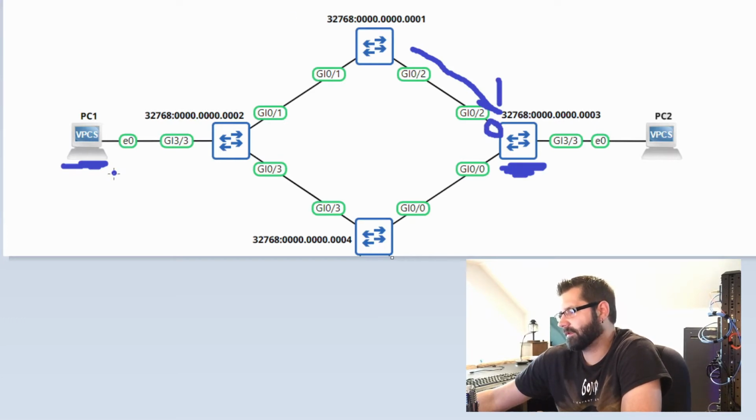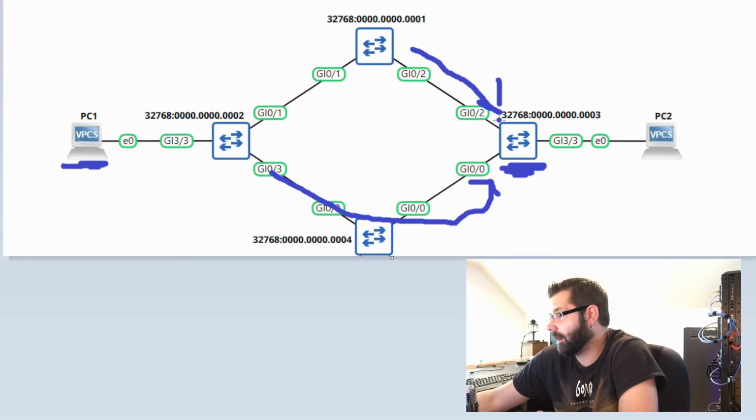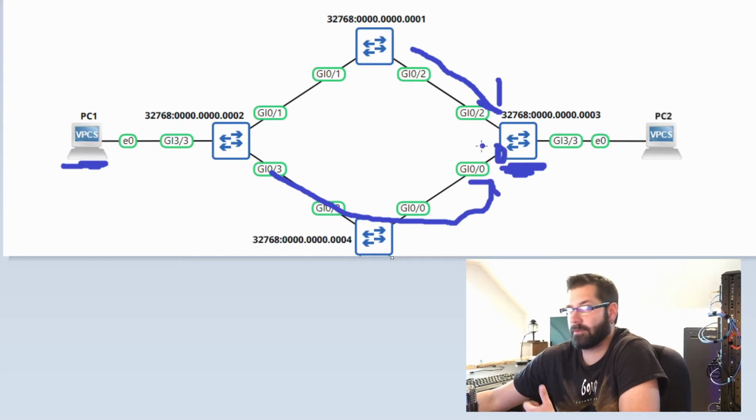The MAC address for PC1 is located off of gigabit 0/2. Say another frame comes in this way, and the switch says, okay, I thought you were on gigabit 0/2, but okay, I guess you're on gigabit 0/0. So let me update my MAC address table.